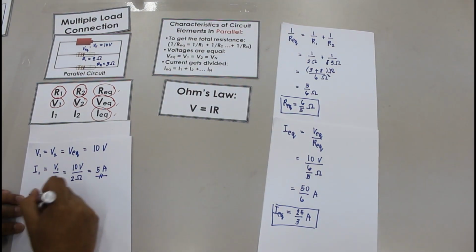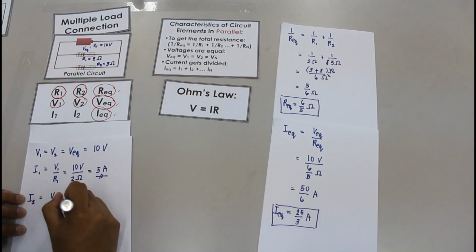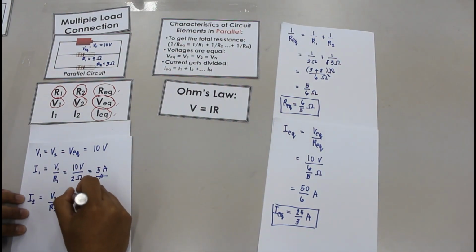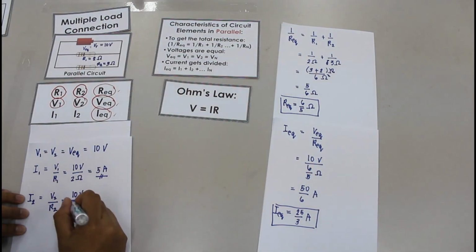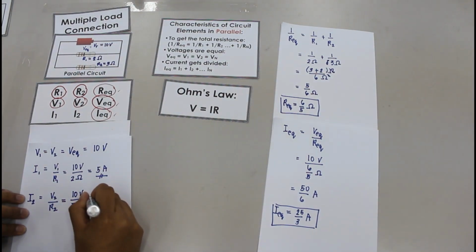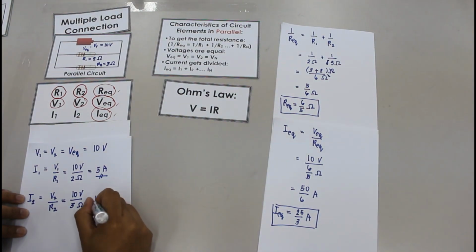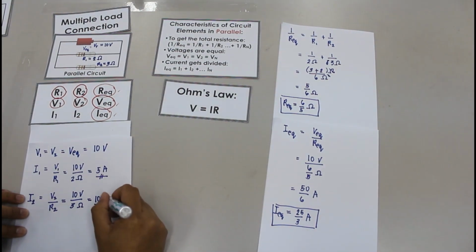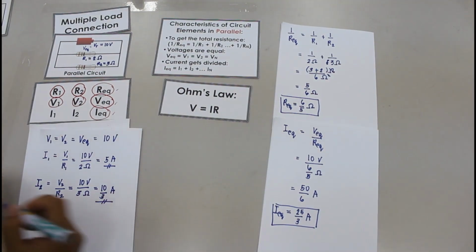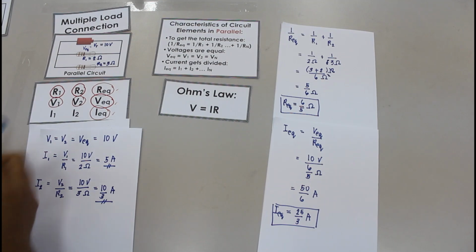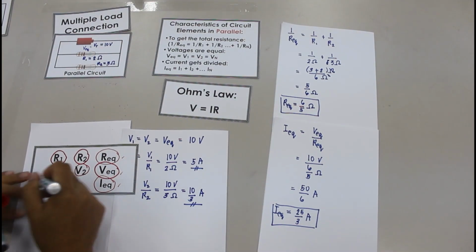Finally, we solve for I2, which is V2 over R2, following the same process. We substitute 10 volts divided by our R2 here is 3 ohms. And this gives us a value of 10 over 3 amperes. Which means to say that we were able to solve all of these values already.